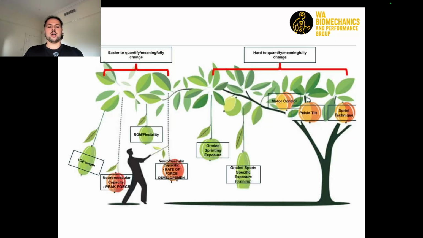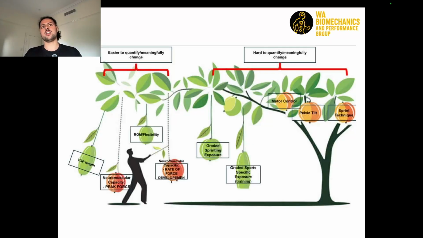Another example is load tolerance, which we can do with dynamometry as well. Another example is someone's load profile. We can track someone's load profile over time to see if that's gradually increasing. We are intervening and assessing the things that we can meaningfully change, okay?